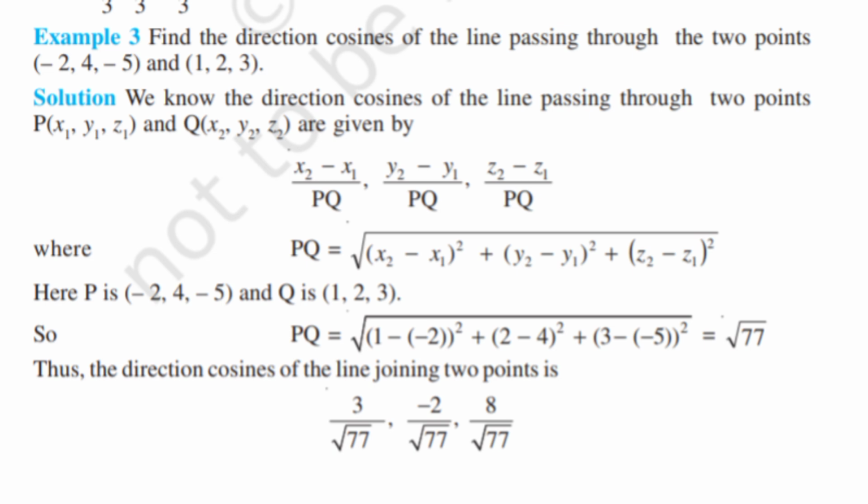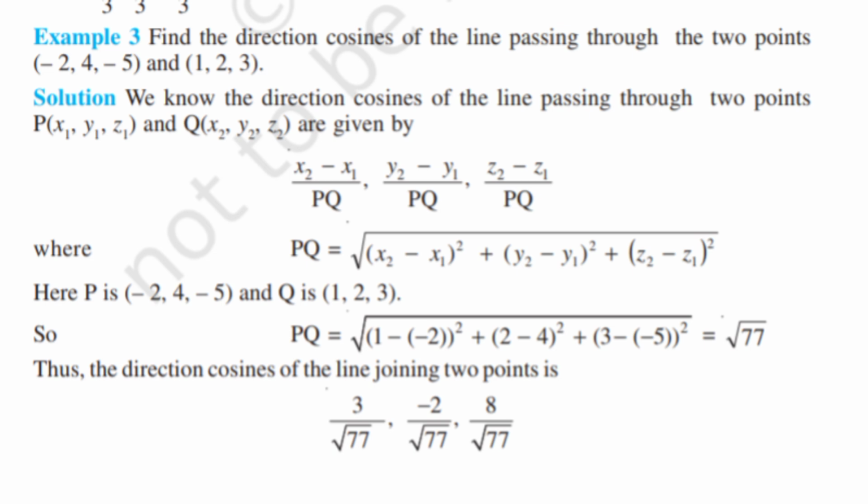Thus the direction cosines of the line joining the two points are 3 upon root 77, minus 2 upon root 77, 8 upon root 77.